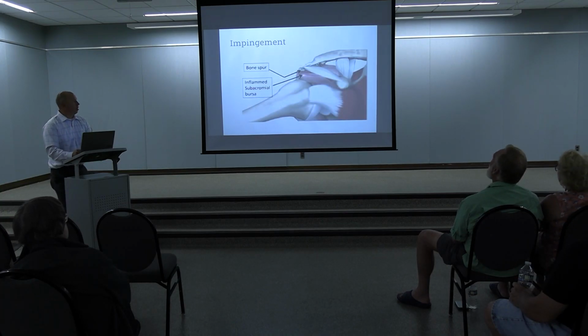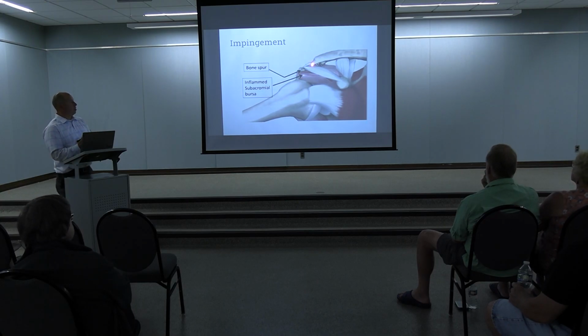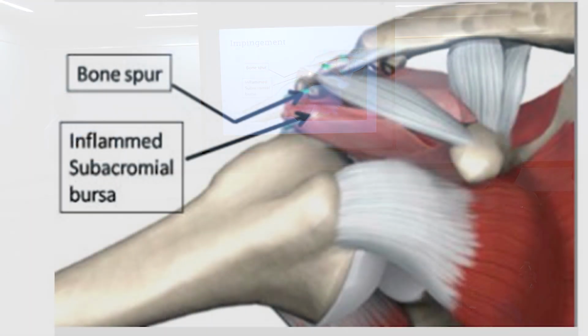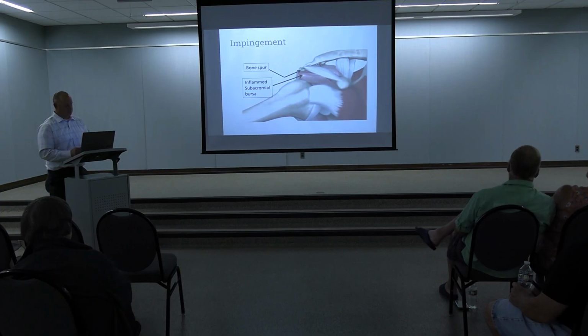Here's a graphic of that. Again, you have the clavicle, the collarbone, you have a bone spur at the end of the acromion, and then you have inflamed bursal tissue here that can get pinched as you're lifting your arm or performing overhead activities.